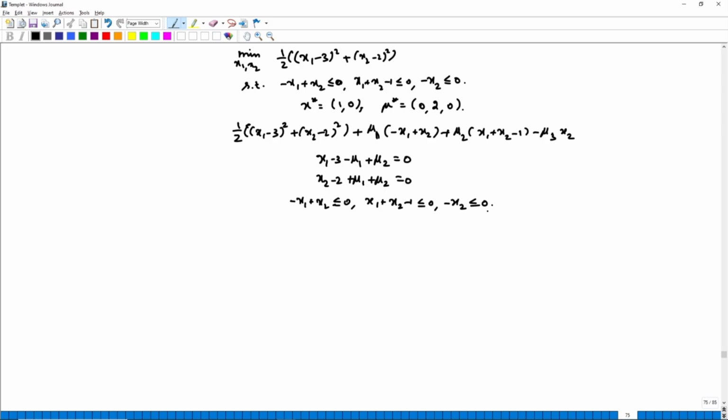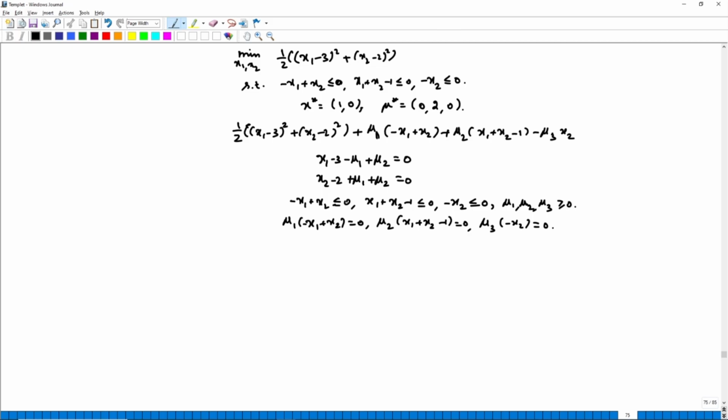Other than this, of course we will need the mu's to be greater than or equal to 0, and we also have complementary slackness conditions where mu 1 into (minus x1 plus x2) equal to 0, mu 2 into (x1 plus x2 minus 1) equal to 0, and mu 3 into (minus x2) equal to 0, right.